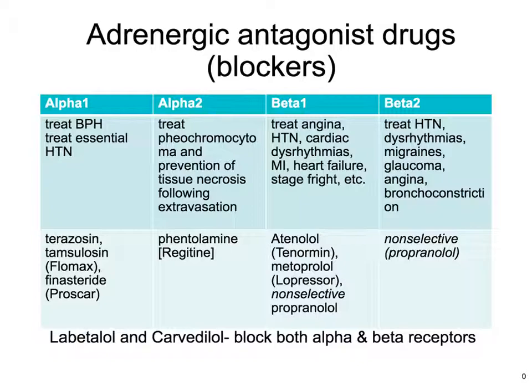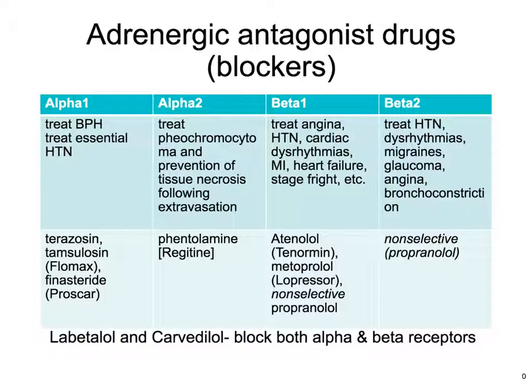The beta-1 blockers are used to treat angina, hypertension, cardiac dysrhythmias, MI, heart failure. Sometimes they're used to treat stage fright as well. Metoprolol or atenolol are normally the two that are used. So we talk about a beta-2 blocker.